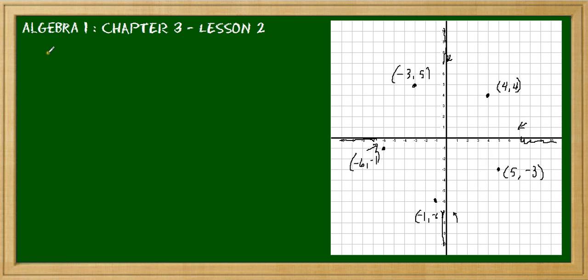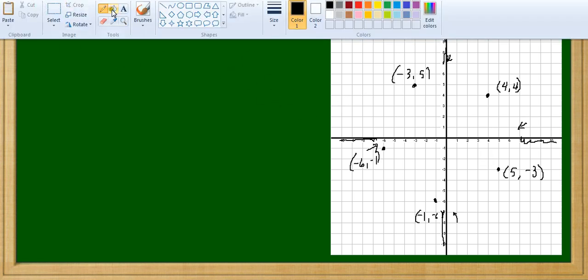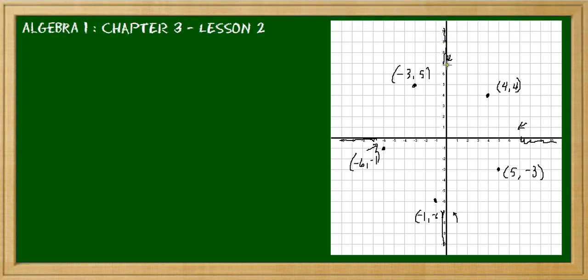Now I think I have an idea of what we're going to get here when we start connecting all these dots. I'm sure you've done this as a child where you had dots and you had to connect them in order. We're told to connect them in this particular order. We go from here to here. That was our first. Now from -6, -1 to 5, -3 means we go here.